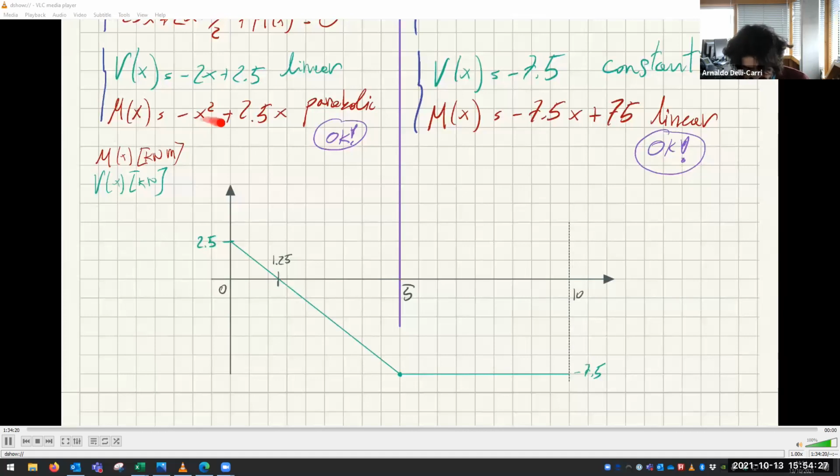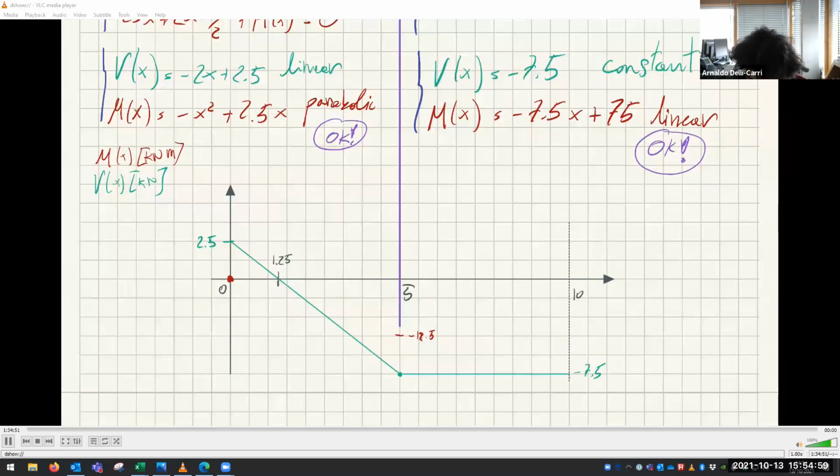At 0, I have 0. Very easy. At 5, I have minus 25 plus 2.5 times 5. It's minus 12.5. So let's say here, minus 12.5. And the maximum point is at 1.25.